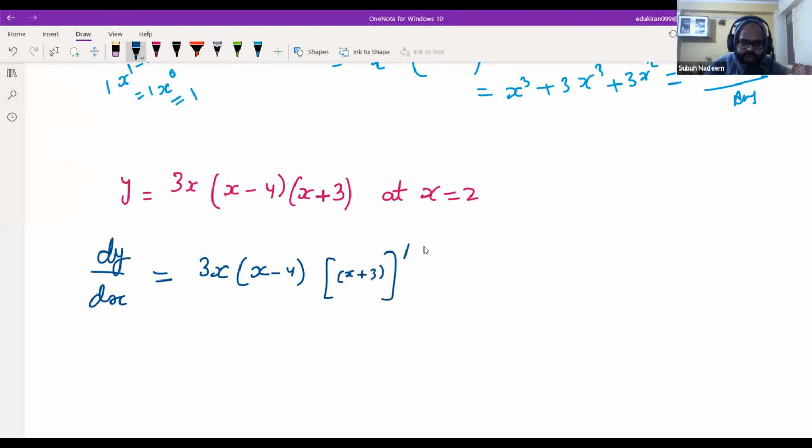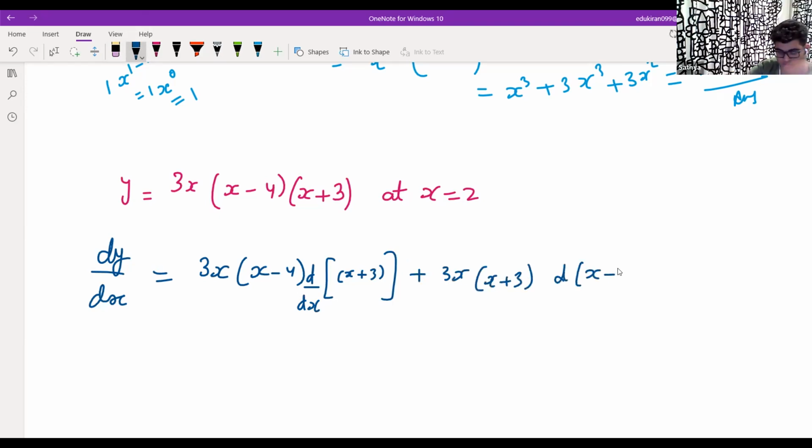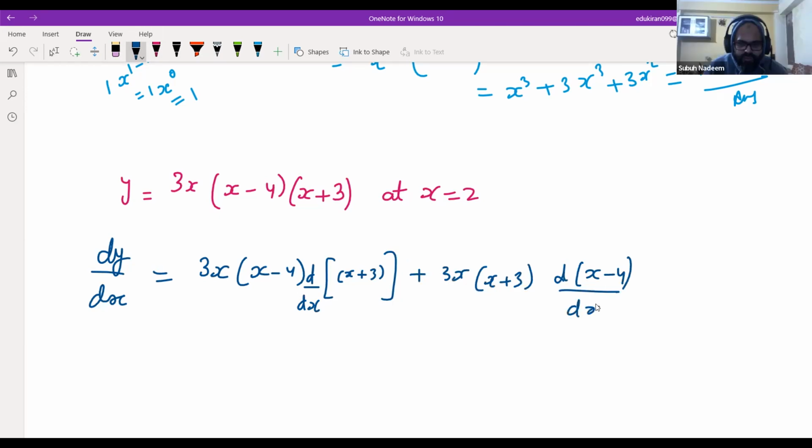Plus 3x into x plus 3 into the derivative of x minus 4 with respect to x.